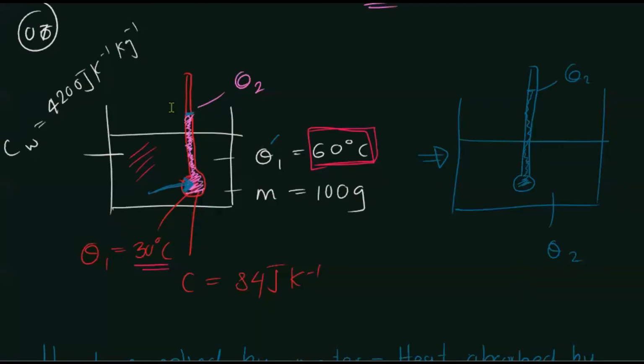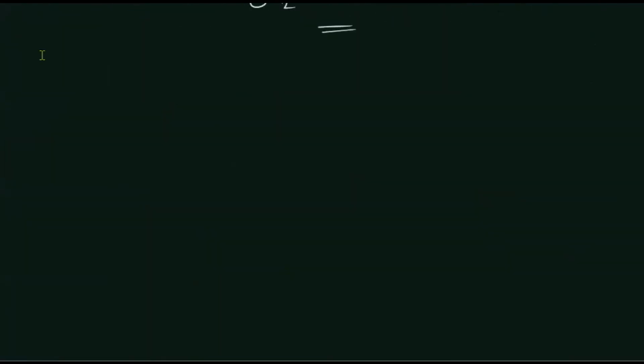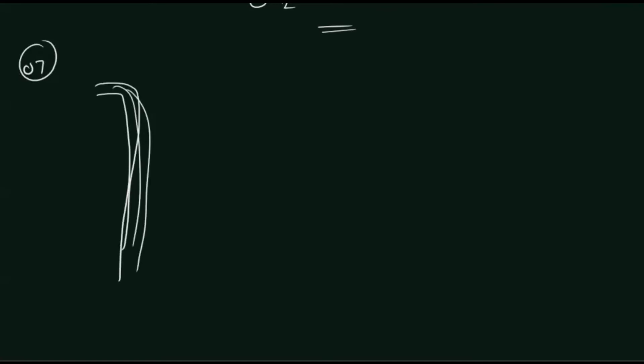Right. So let us draw a figure for this also. There is a waterfall, right? Let's assume an m amount of water column is going to fall. At this moment, the temperature of the m amount is 20 degrees Celsius.